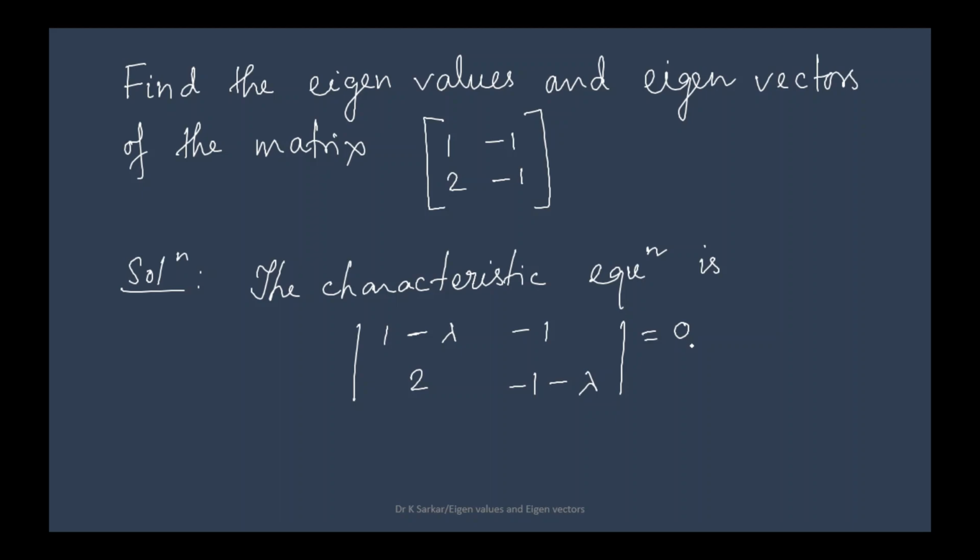If we solve this determinant, minus 1 minus lambda square plus 2 equals 0. So lambda square is minus 1, lambda is plus or minus i. Both the eigenvalues are complex.